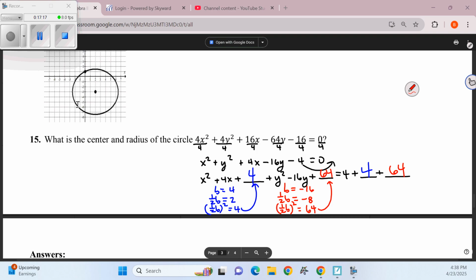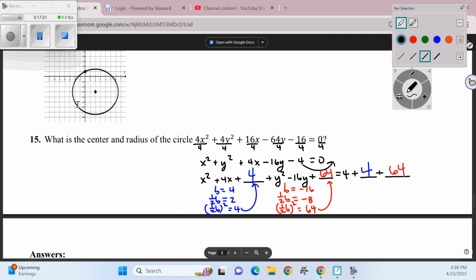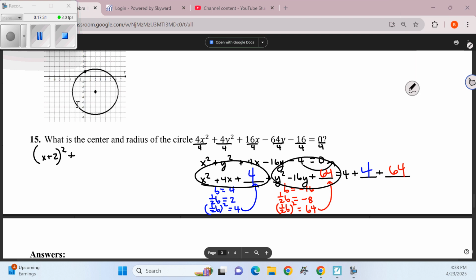So if we clean this all up, this whole first trinomial is x plus 2 quantity squared. This whole second trinomial would be y minus 8 quantity squared, if we just kind of factor them down.